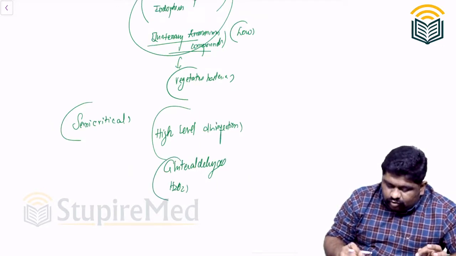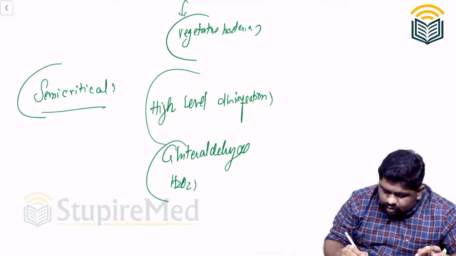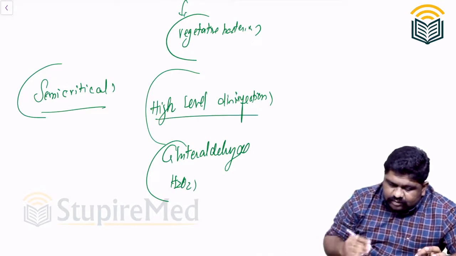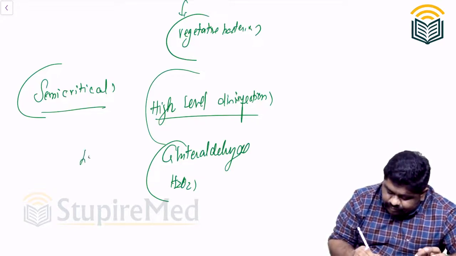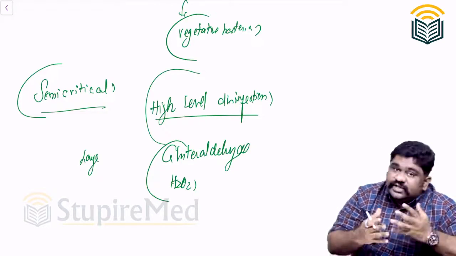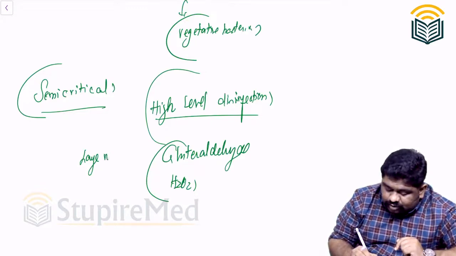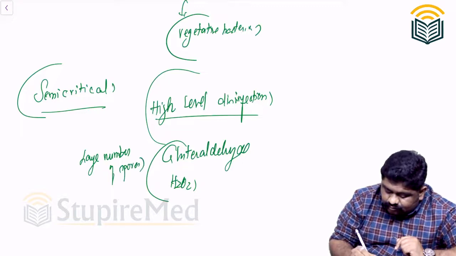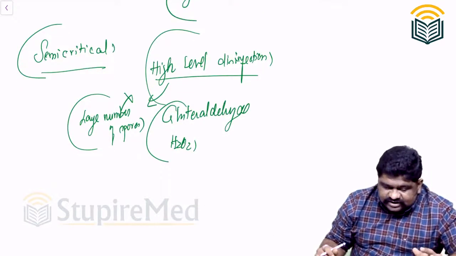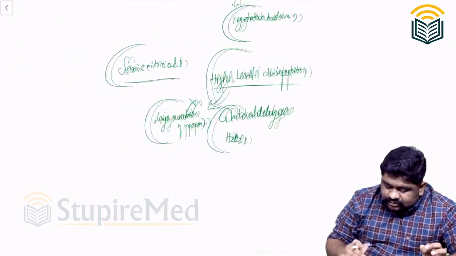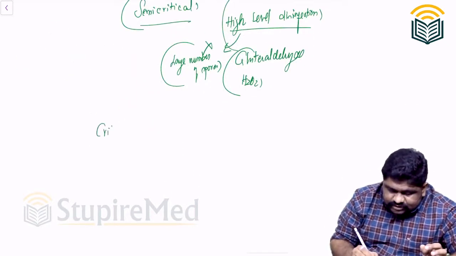Now, when you go for semi-critical methods and high-level disinfection, please remember a large number of spores may not be destroyed. A very small number of spores may be attacked, but a large number of spores will not be handled by high-level disinfection. For that, you require a higher level called sterilization. So that brings us to the items called critical items.